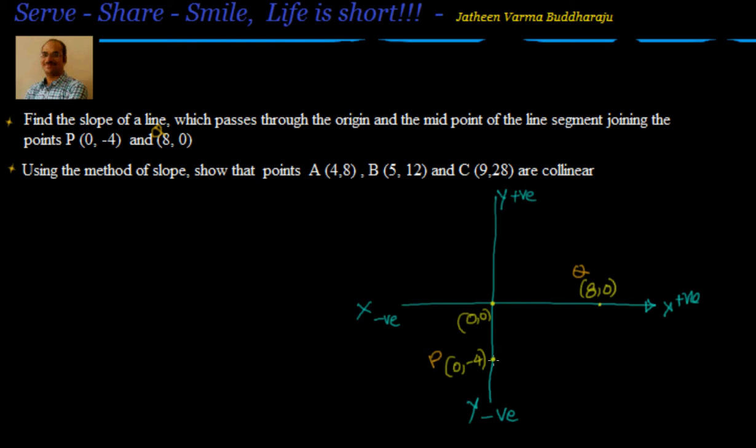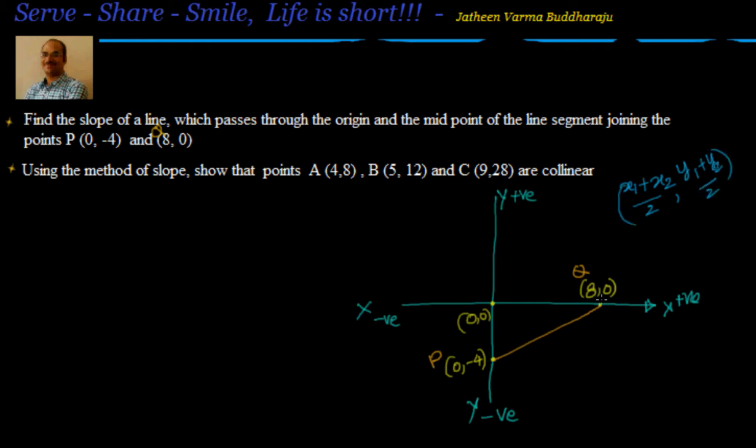We have to find out the midpoint of PQ. What's the formula for midpoint? We know the midpoint formula: x1, y1 I have, x2, y2. Midpoint is (x1 plus x2 by 2, y1 plus y2 by 2). So I have to average the coordinates.